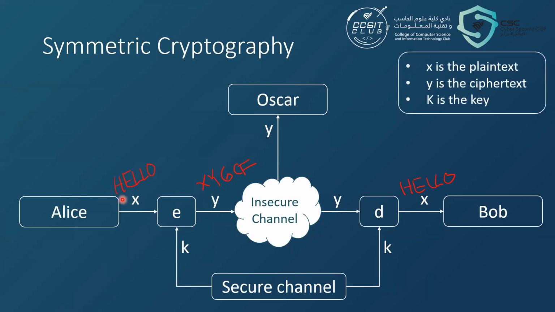X here is our plain text, our original message in readable format. After going through the encryption function, you have Y, the ciphertext, a random set of characters. And then you have K, your secret key. This key should only be accessible to Alice and Bob, and they should transfer it over a secure channel, maybe a guy on the mail.